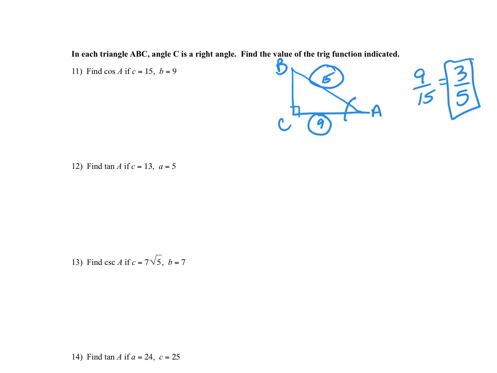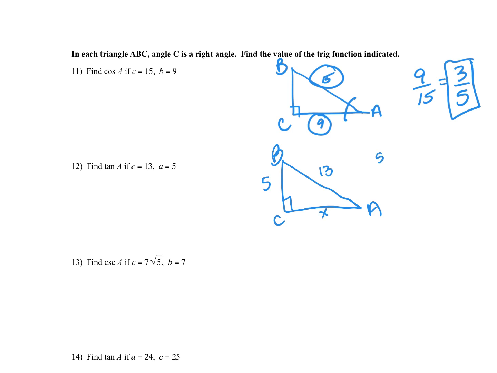Sometimes you have to find the third side and sometimes you don't. Here we're going to draw the same triangle, and big C is always the right angle. That is not negotiable. So little c is 13 and little a over here is 5. And they want us to find the tangent. When you find the tangent, you're going to need the adjacent, so we are going to have to find that.